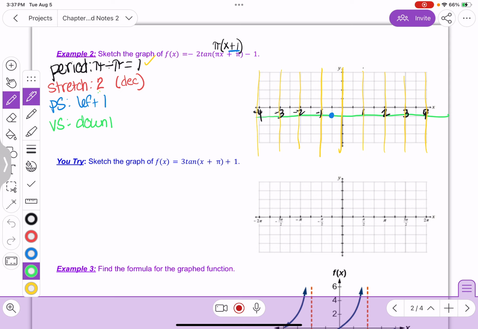So halfway between the dot and the asymptote, I'm going to go up 2 and down 2, but we're decreasing, so I do the opposite of what I normally would do. And then I connect those. And again, I would just use those same 3 dots over and over again if I were to be drawing multiple periods.